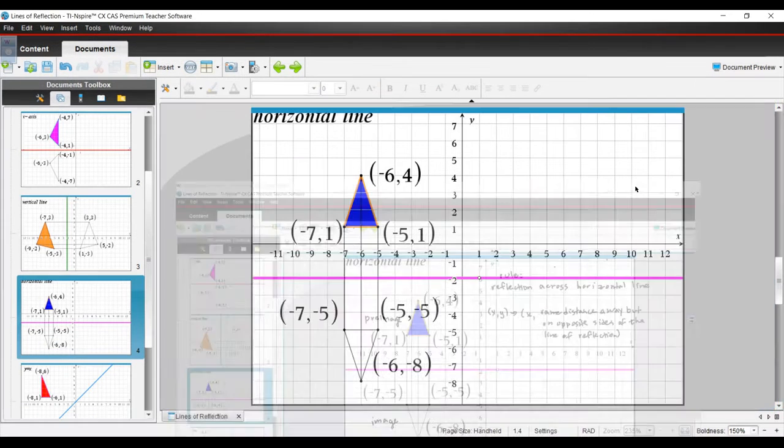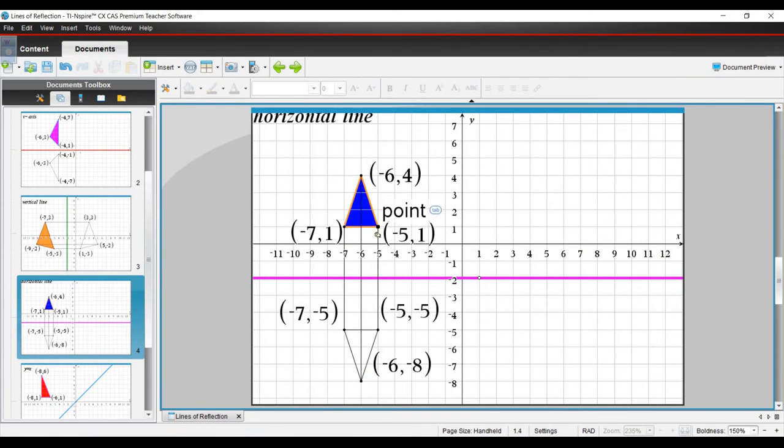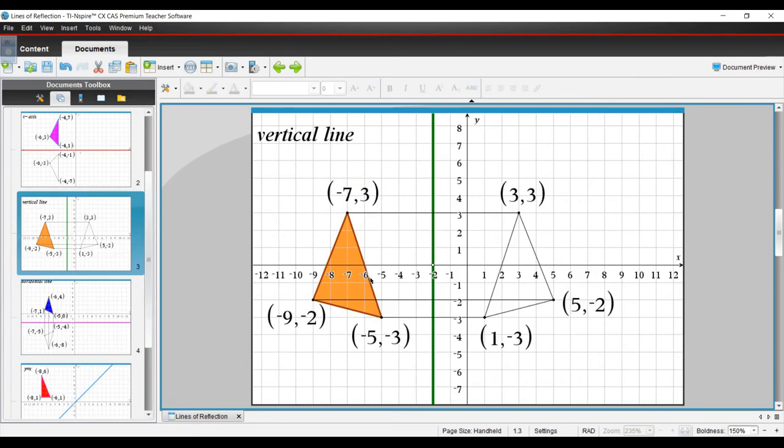So again, if I make all this go away, if I move this point, do you see? I'm moving it closer to the line and the other one is moving closer. 1 away, 2 away, 3 away, 4 away, 5 away. See how that works? The y values will always be the same distance away and the x values are the same. If I go over here back to my vertical line again, as I move that point closer, 1 away, 2 away, 3 away, 4 away, 5 away.